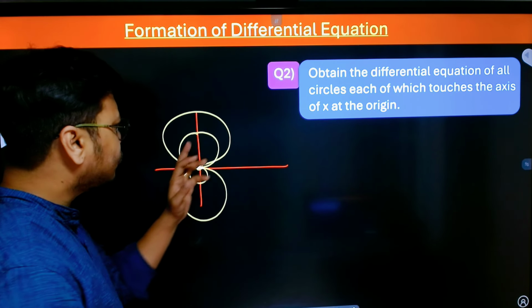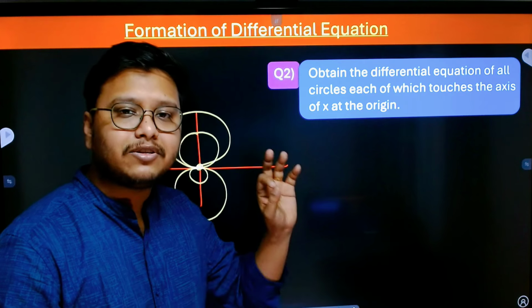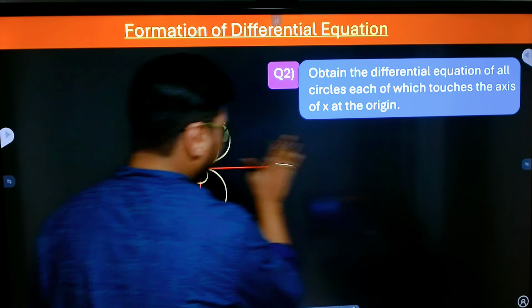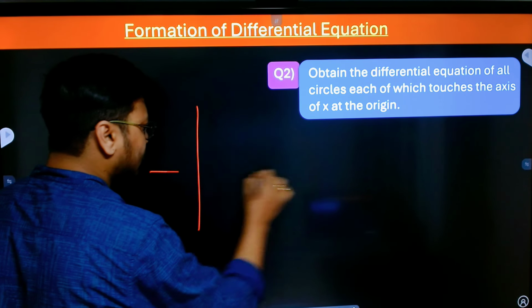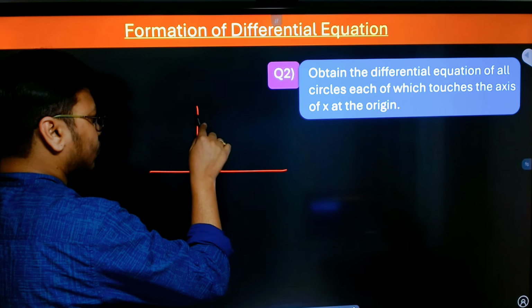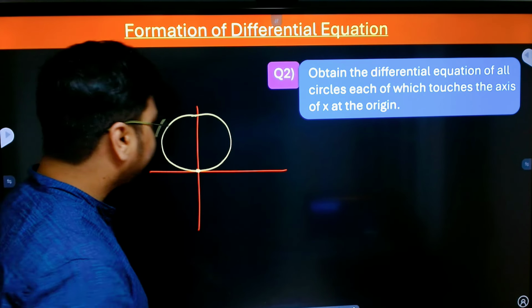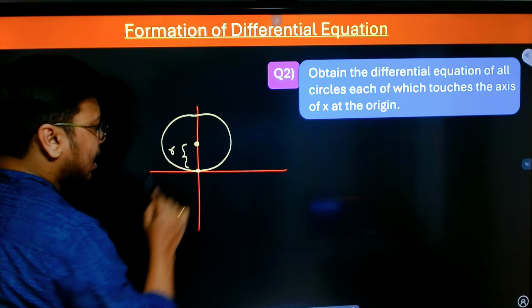So I need to form the equation first. From there I need to reach the differential equation. What we can do is, let's take one specific circle and deal with that. So let's say this is one of the required circles, which satisfies the given criteria. Let's say the radius is r units.